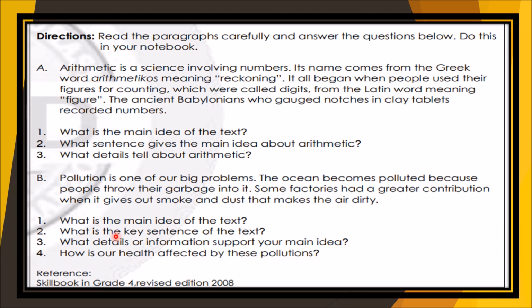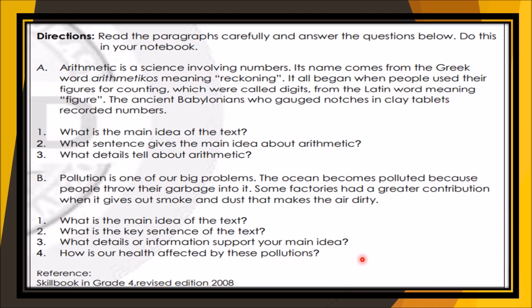Okay? Then, what details or information support your main idea? Di ba? Main idea is about pollution, one of our big problems. So, the third question, what details or information support your main idea?